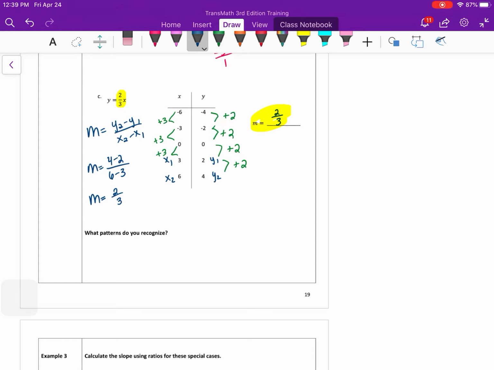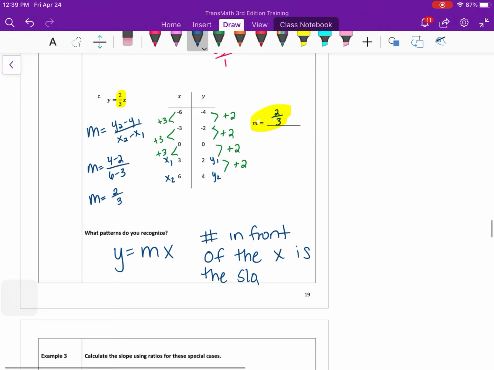So what I want you to recognize here is that it's y equals mx. So the number in front of the x is the slope of the line.